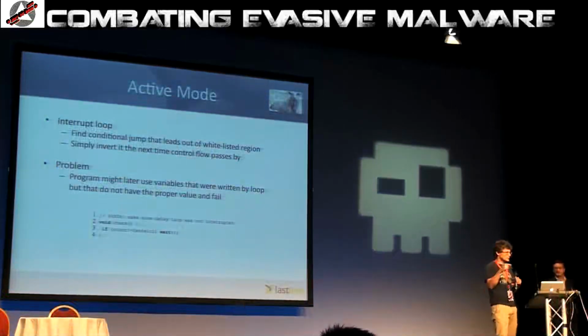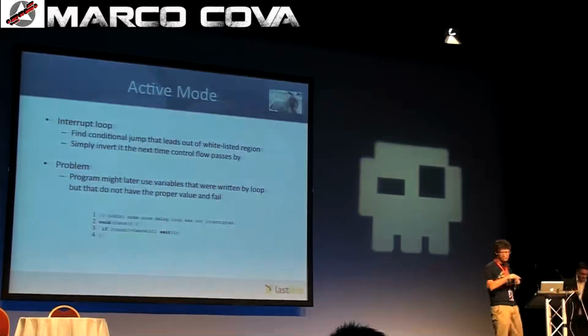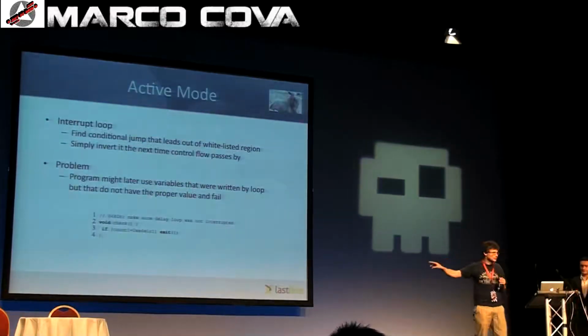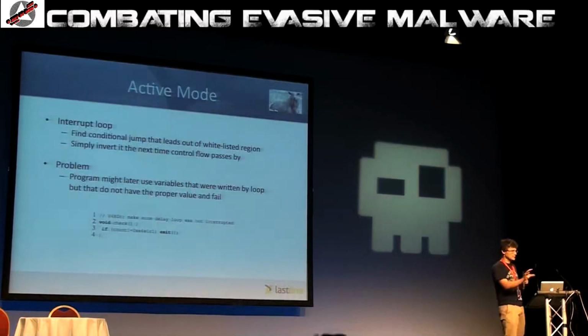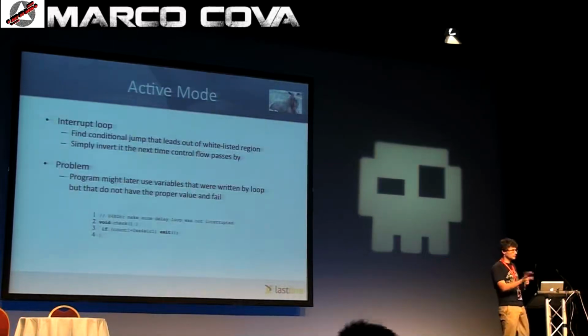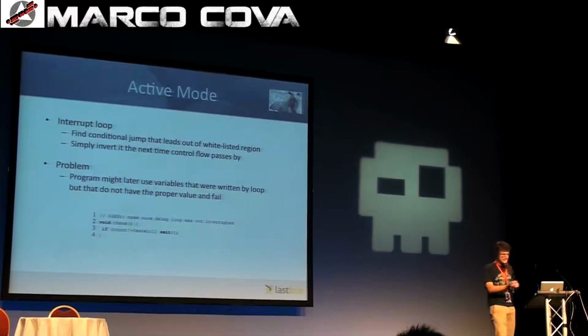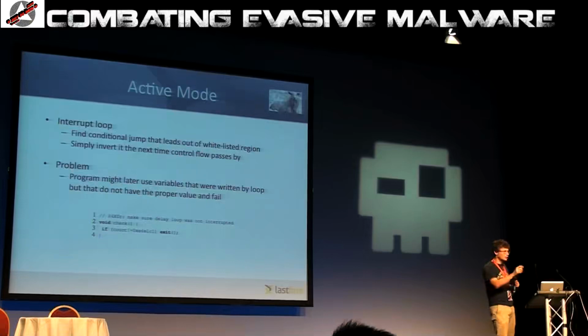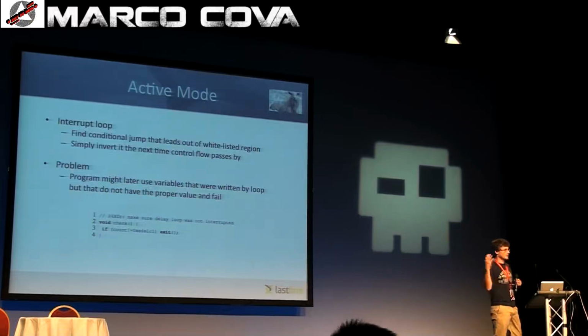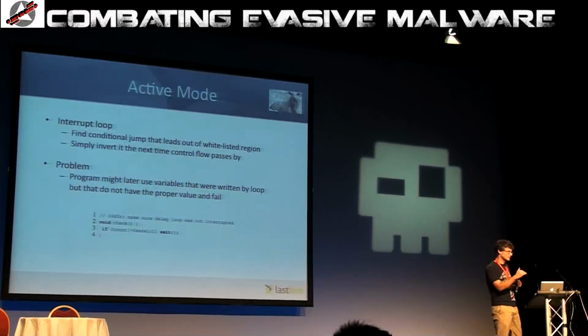Now, if we do our trick, we leave the loop well before that number has been computed. And so at that point, the malware could detect that we are doing something strange and could still detect us, right? So what we do in this case is we keep track of all the registers that are written to inside the loop from where we escape.